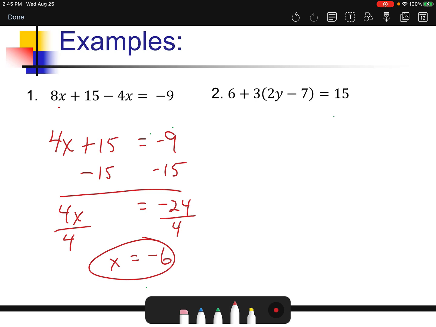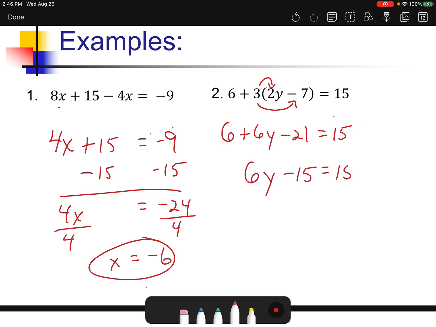And in order to simplify this, the first thing we must do is distribute. So that's just a little bit different than what we did earlier. So we're going to distribute the 3 and then combine like terms. So 3 times 2y is 6y, and 3 times negative 7 is negative 21.